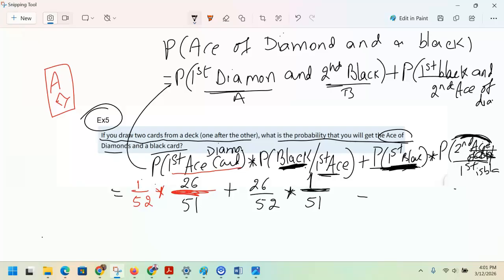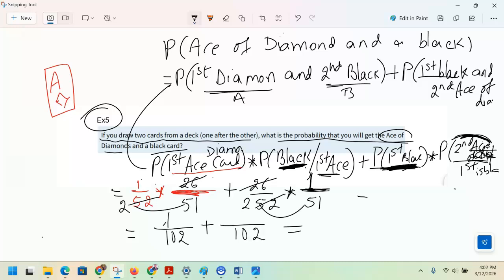There's only one diamond. So what you get is 26, and if you divide this by 2 times, you will get 1 over 2 times 51, which is 102, plus again the same thing. This 26 goes 2, so it is 2 times 51, 102.